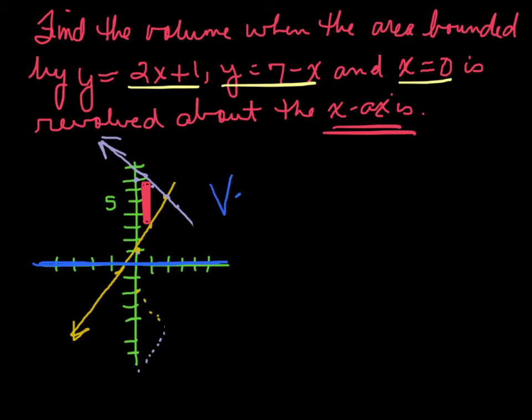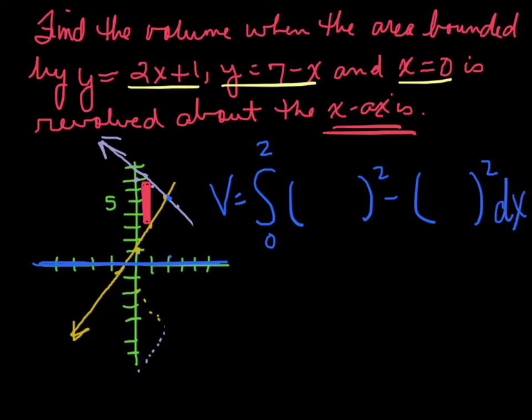So to find the volume, I do the integral. Looking at my graph here, I'm going to go from 0 to, it appears these are intersecting right here, when x is 2. Then I'd want to do big radius squared minus little radius squared, and it is a dx problem, so it'll be dx. Now this is the part you have to be very careful about.